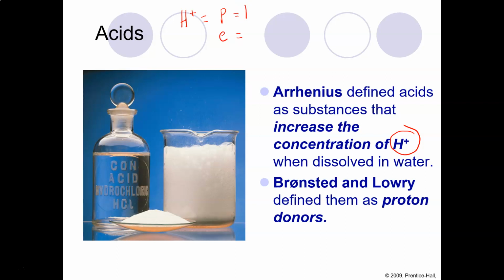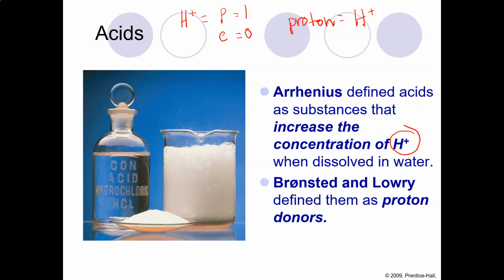It's got a positive 1 charge, so if it was neutral, it would have 1 proton and 1 electron. It's got a positive 1 charge, which means it has 1 more proton than it does electrons. So doesn't that mean if it has 1 proton, it had to have 0 electrons? So for the Bronsted-Lowry definition, a proton is the same as an H plus. A proton donor means it gives away H pluses, which is similar to the Arrhenius definition.